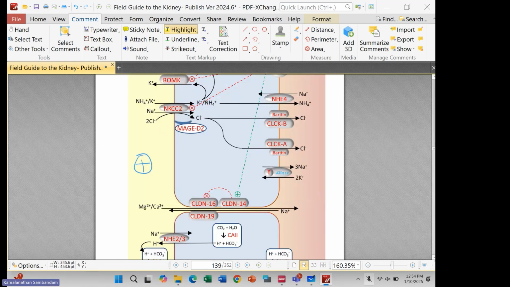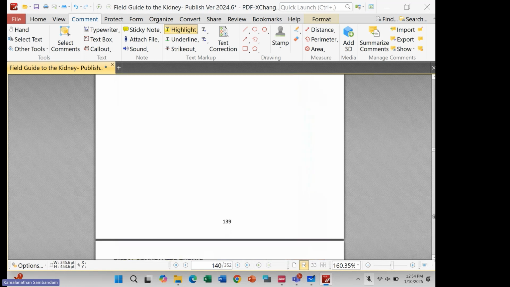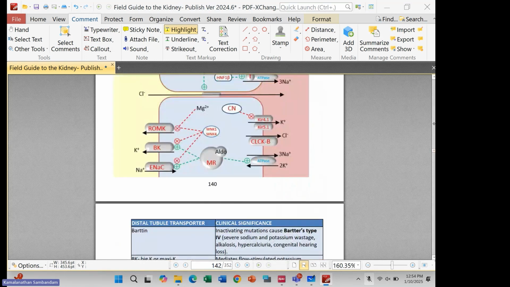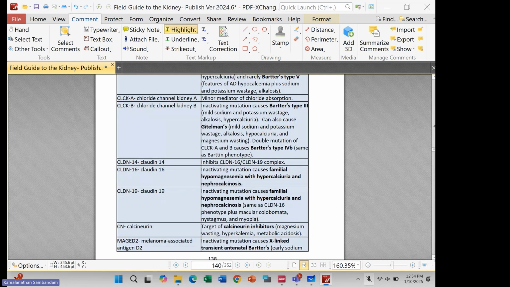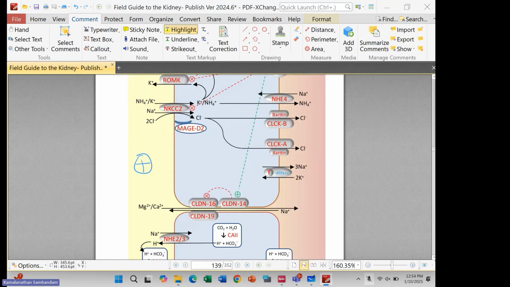actually I don't have it in this representation of the field guide, but it should be in an update. There is an effect of calcineurin on claudin 14. I must have updated it into the more current version of this figure.